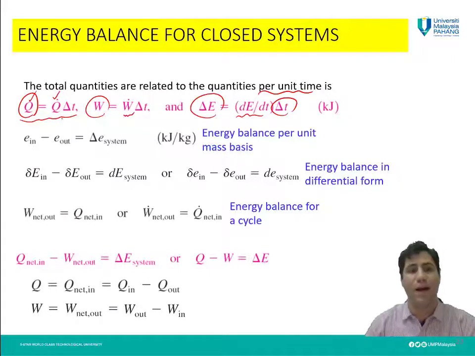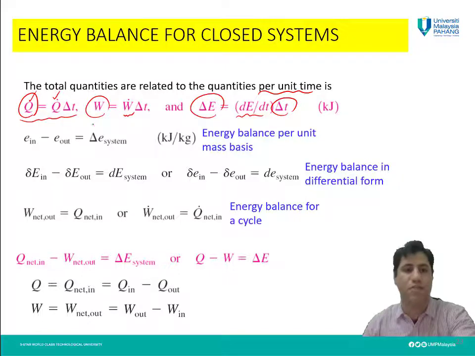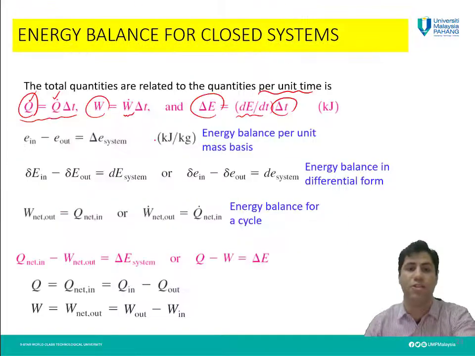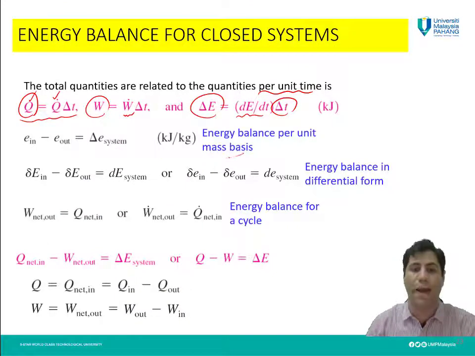And also, if we divide the terms in this equation by the mass of the system, we will have the energy balance for that system on a per unit mass basis.